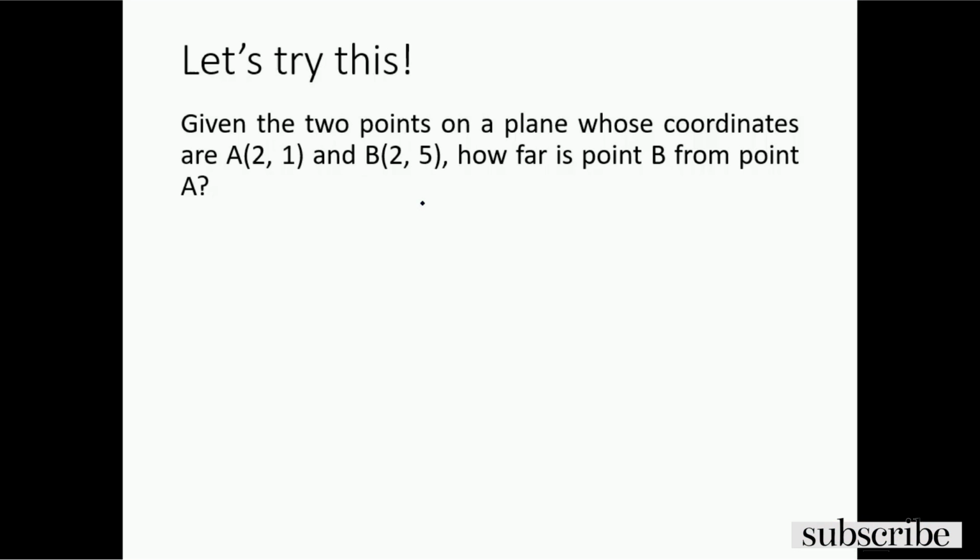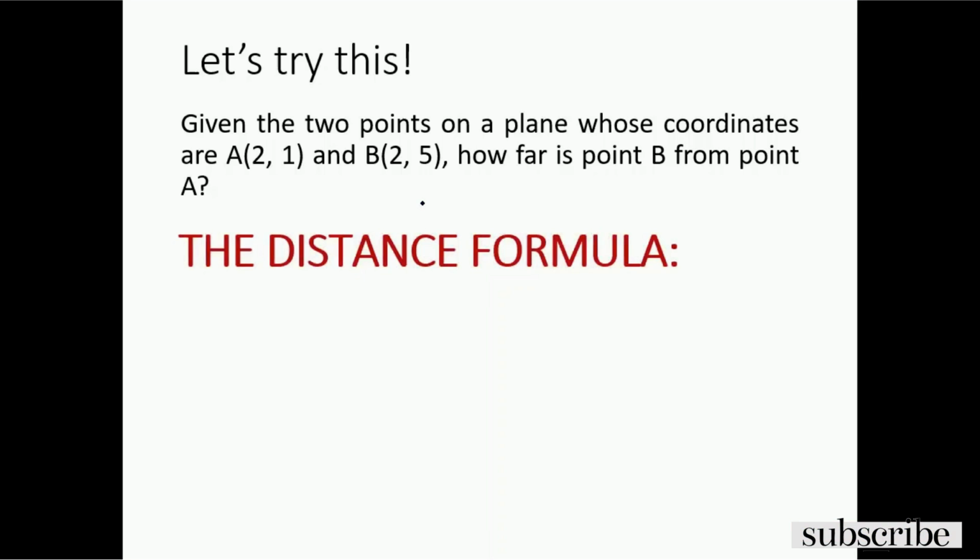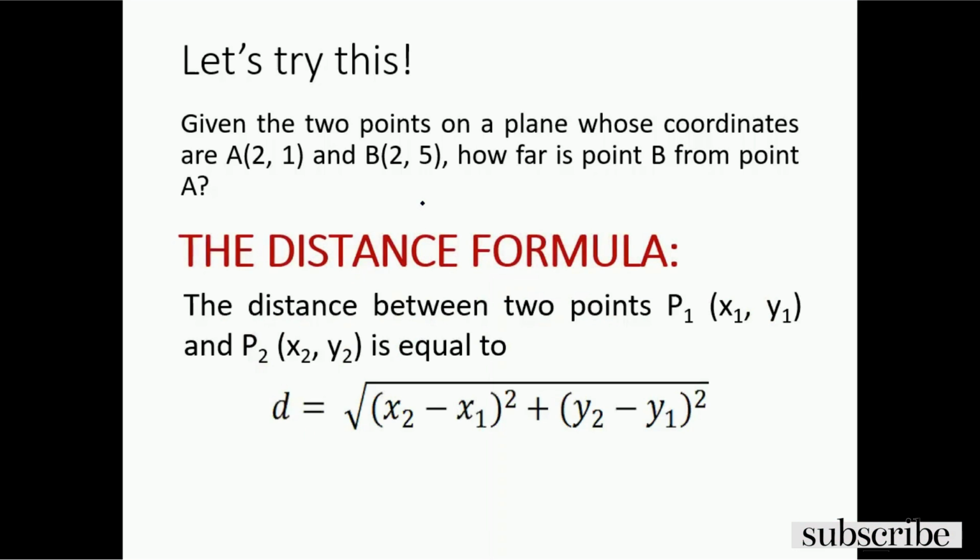Yes, we can. And this time, we are going to use the distance formula. The distance between 2 points is equal to the square root of the quantity (x2 minus x1) squared plus the quantity (y2 minus y1) squared.